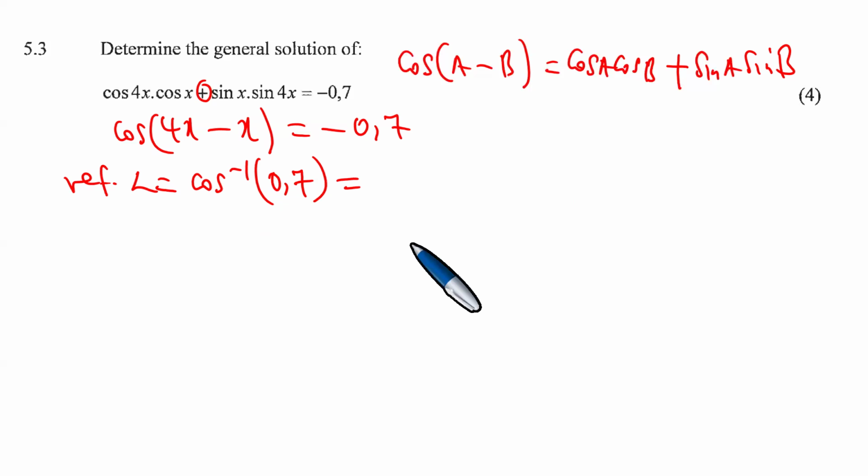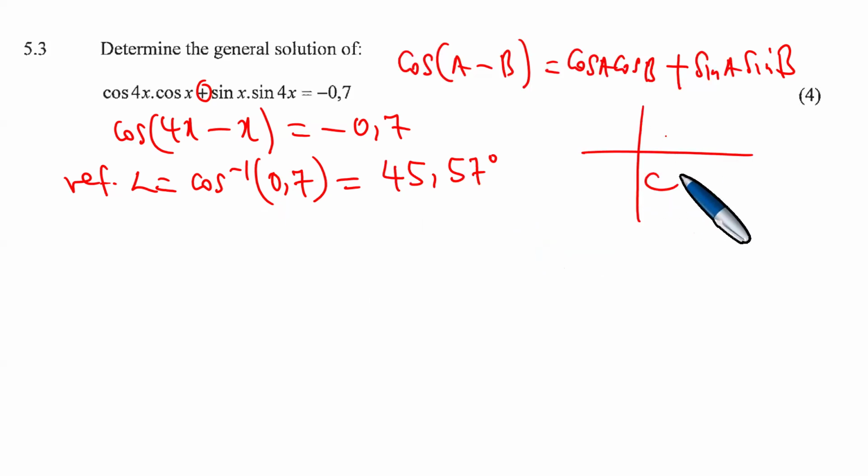And what we're able to achieve is 45.57 degrees. Did you get something like this? Okay, good. It's not different.